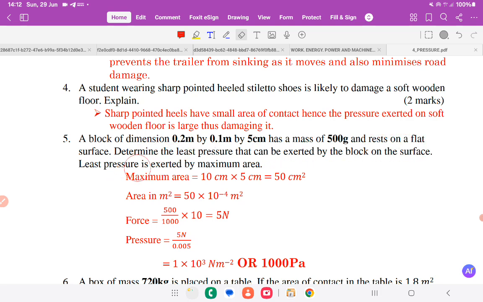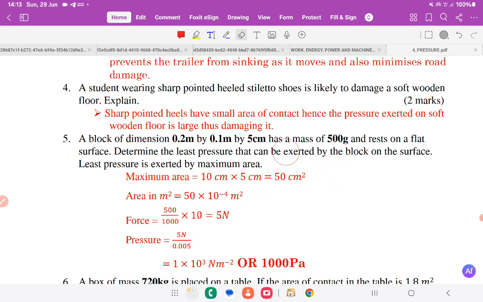Determine the least pressure that can be exerted by the block on the surface. Remember that the least pressure is exerted when the area is at its maximum.